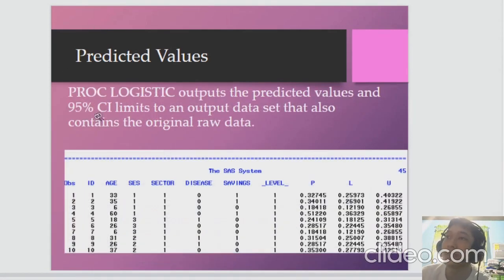PROC LOGISTIC outputs the predicted values and 95% CI limits to an output data set that also contains the original row of data. This is the example of the SAS system.